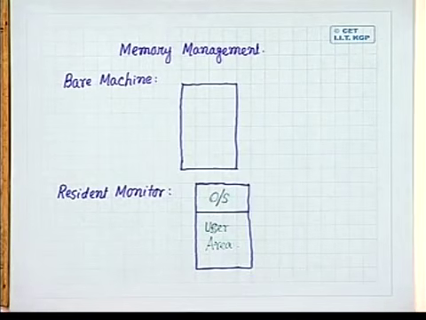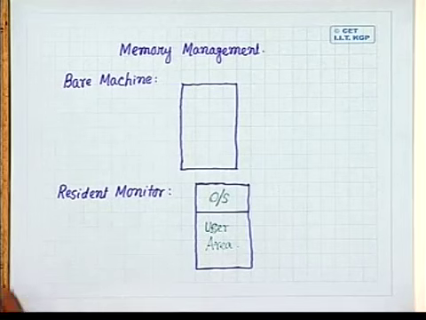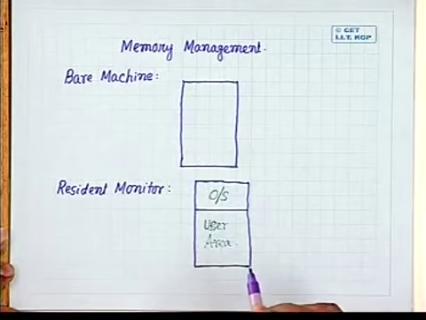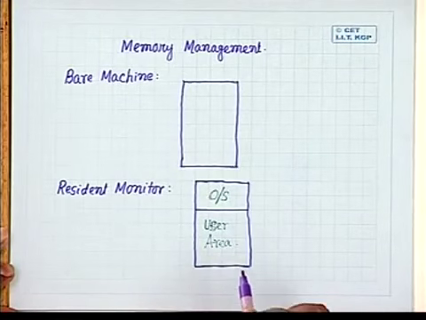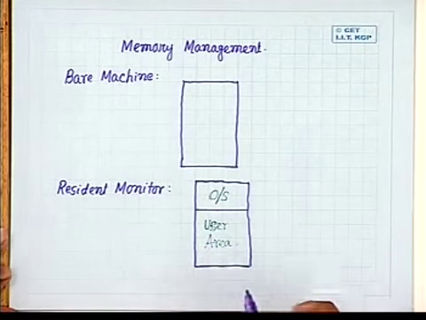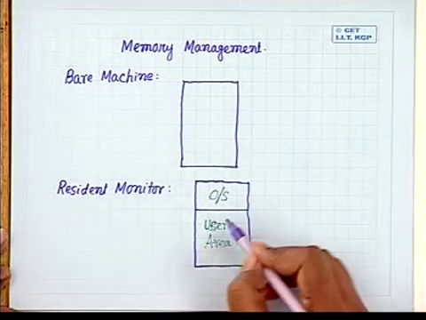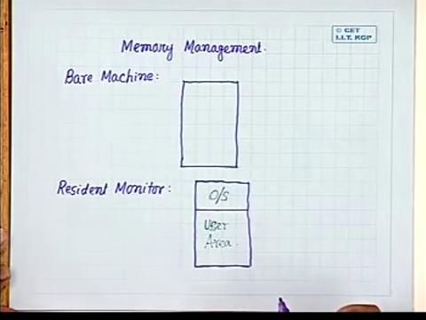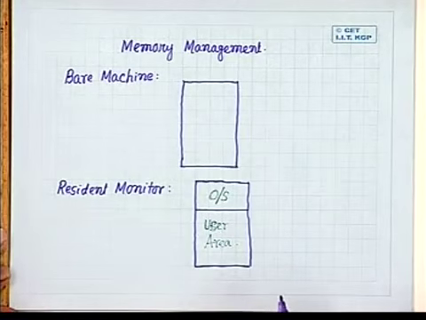Okay. So, in the case of a resident monitor, we have two partitions in the memory. One is occupied by the monitor part of the operating system, and the other partition is given to the users. Now, when the operating system is always loaded in the main memory, there is a danger that when a user program is being executed, it may try to access or write something into the operating system area, and then the operating system itself will be corrupted, which may lead to a machine crash.